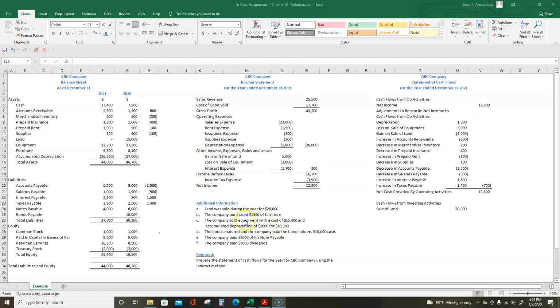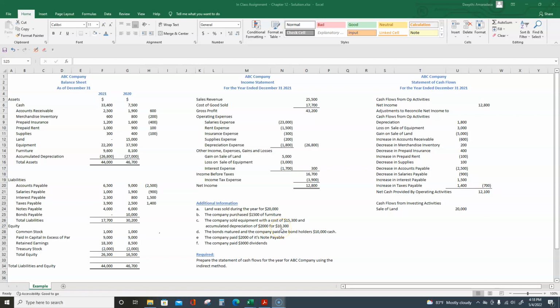They said the company sold equipment with a cost of $15,300. Well, the cost is not cash coming in, so we don't need to worry about the cost. Then they told us that there was accumulated depreciation of $2,000 on that equipment that was sold. Again, nothing to do with cash, so we don't take that $2,000 into account. Then they say that the equipment was sold for $10,300.